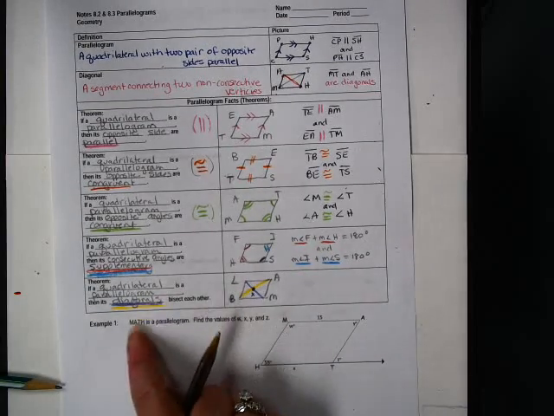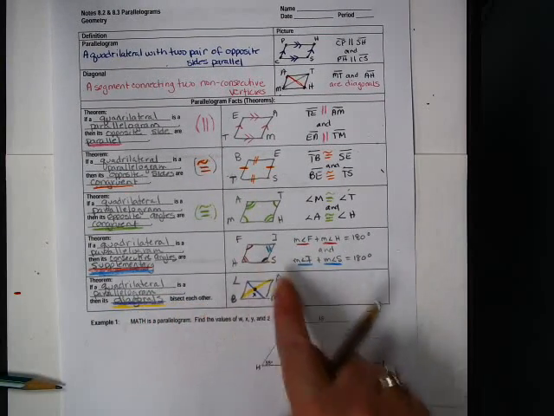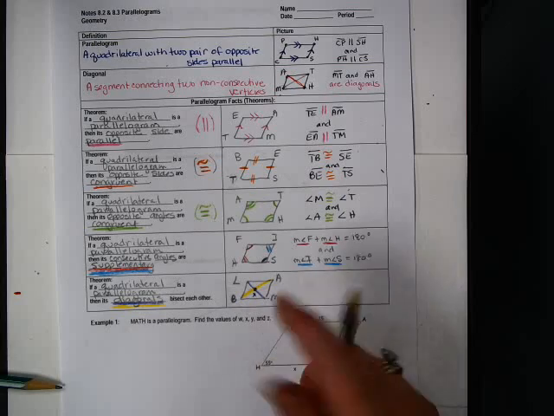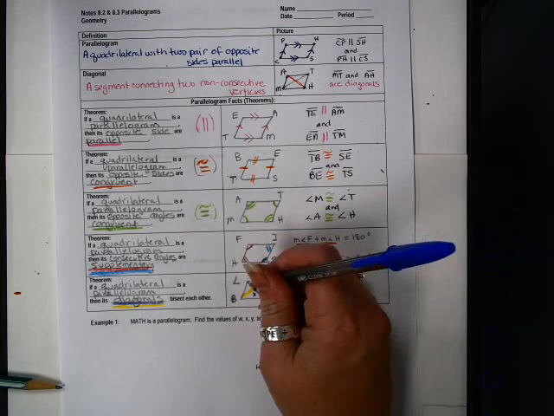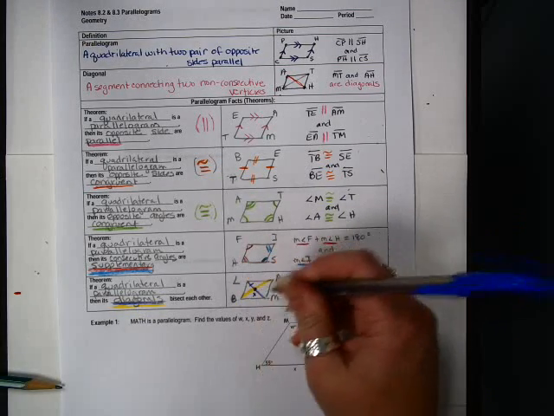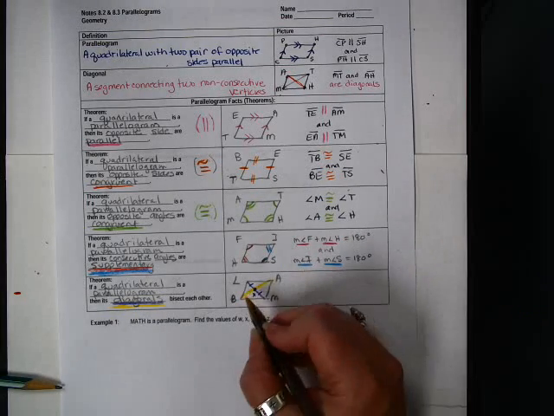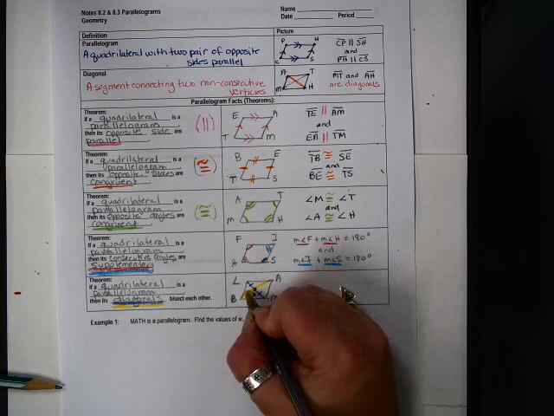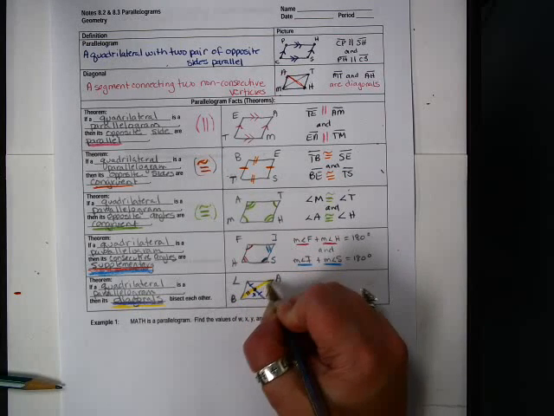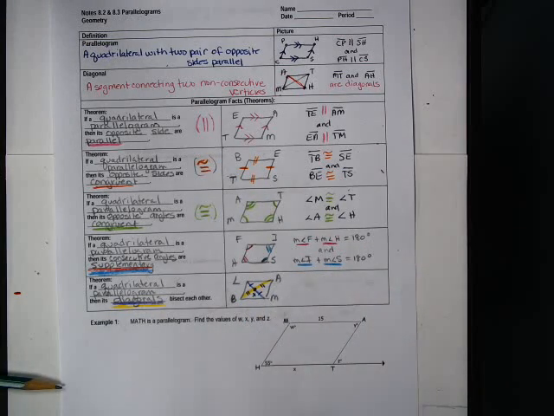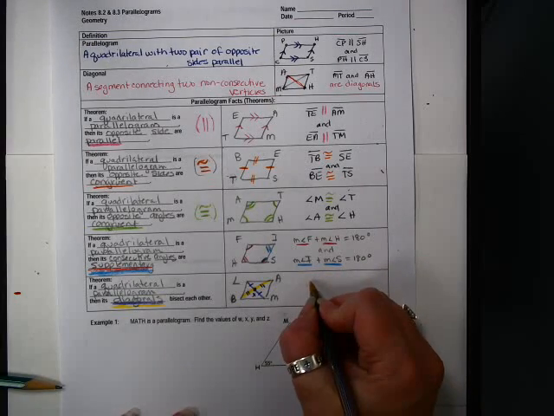Now, it says that they bisect each other, and how we denote that in our diagram is we show that LX and XM are congruent with the little hash marks, and we show that BX and XA, those are congruent. Okay, so let's write that down.